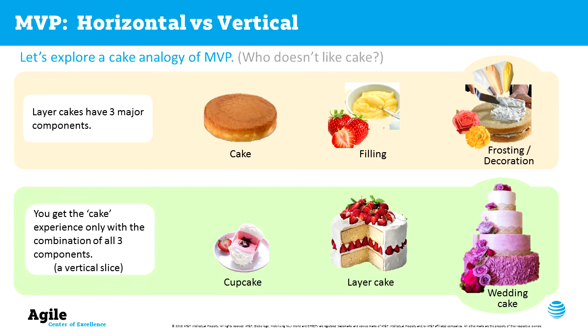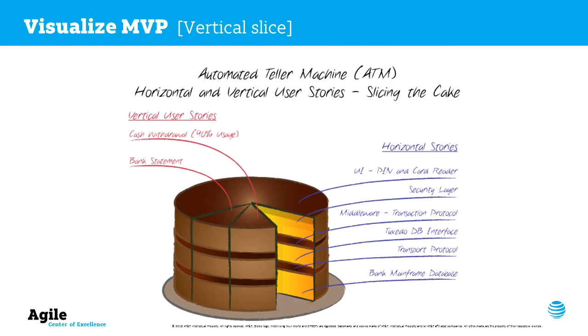their final solution. Now, applying the vertical slice of cake analogy to our banking solution, we can think of the whole cake as our banking app and each vertical slice of cake as a consumable function of the app. The horizontal layers of our cake, these are the underlying systems or framework that support the solution.